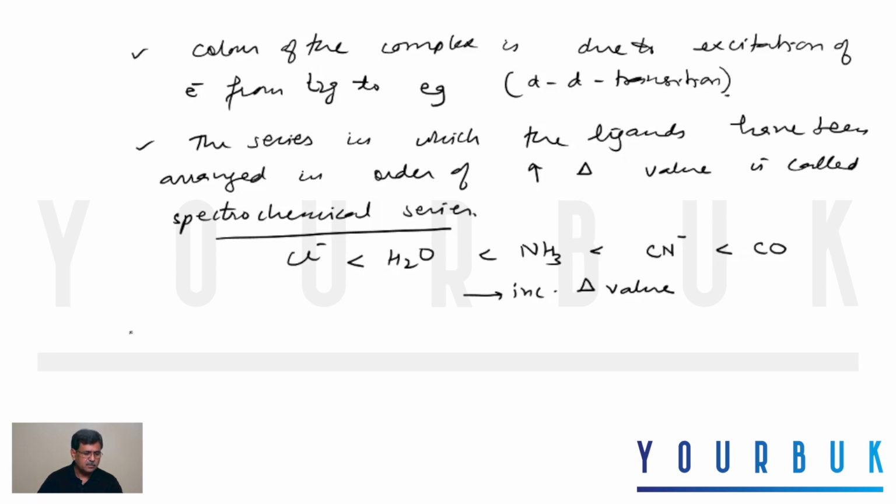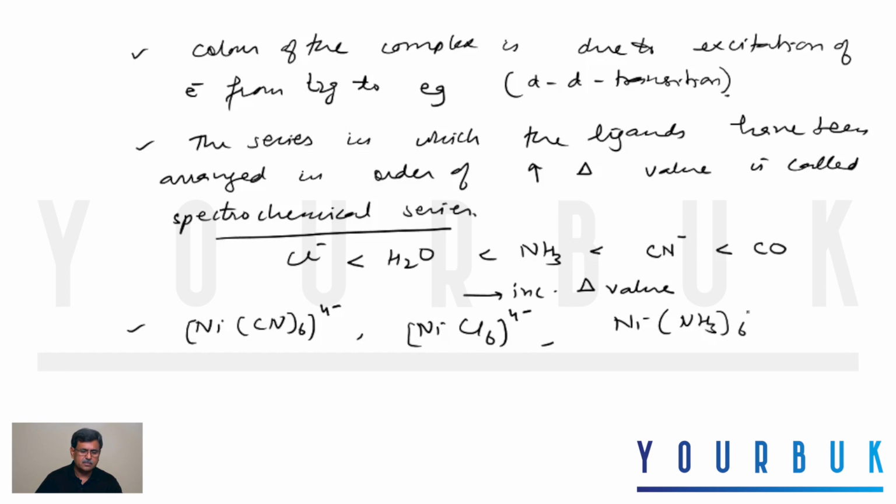Now, we take one example. Suppose these are the three complexes of nickel given: Ni(CN)6 4 negative, NiCl6 4 negative, and Ni(NH3)6 2 positive. Now, the increasing order of lambda is this.